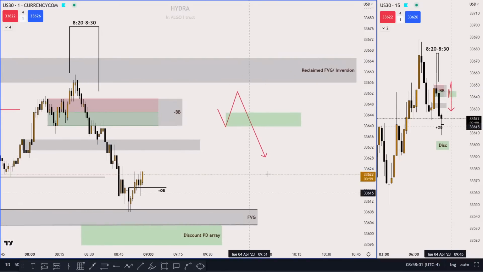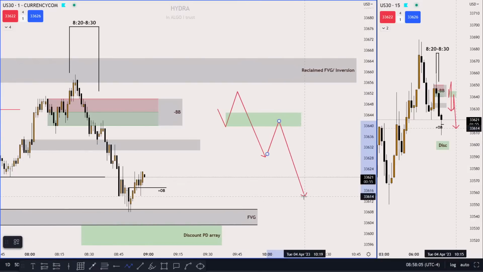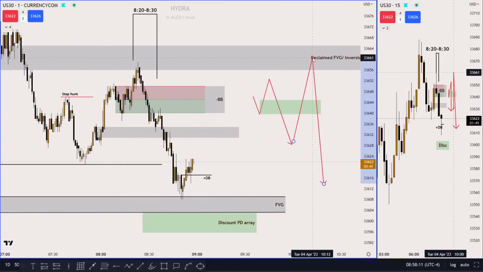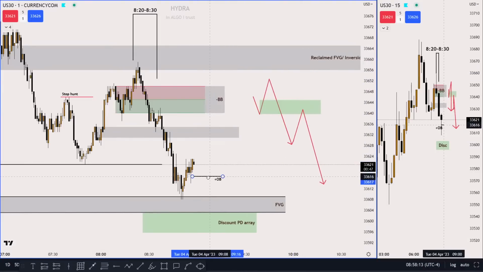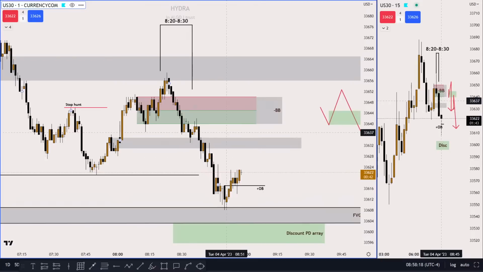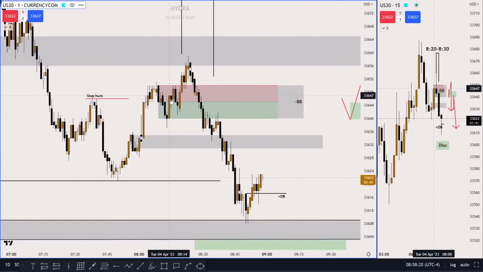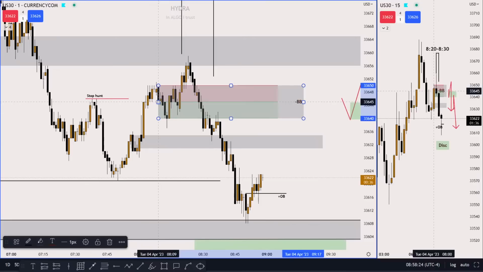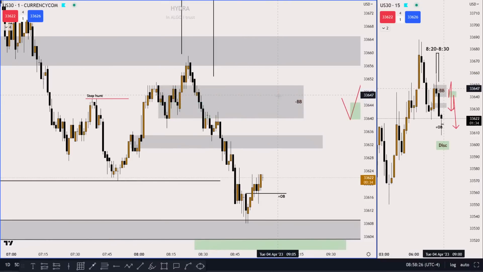A lot of you say, once price retraces back to it, then I will take an entry. Most of the time price does not do that, and even if it does, price will go towards the upside. So when do you enter? That's a good question. Do you take an aggressive entry? What do you see here? Price closed the candle's body. That's a perfect example of a breaker block.